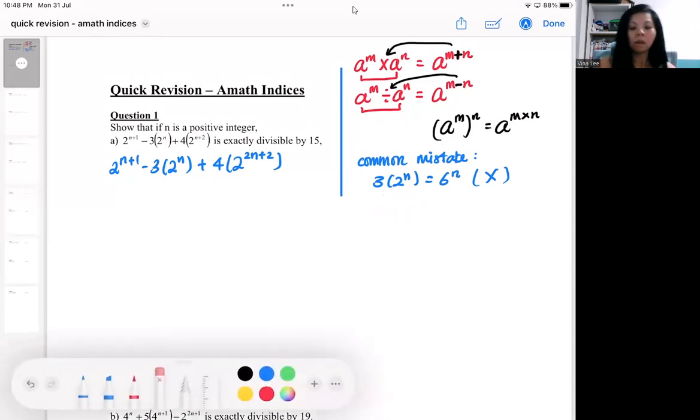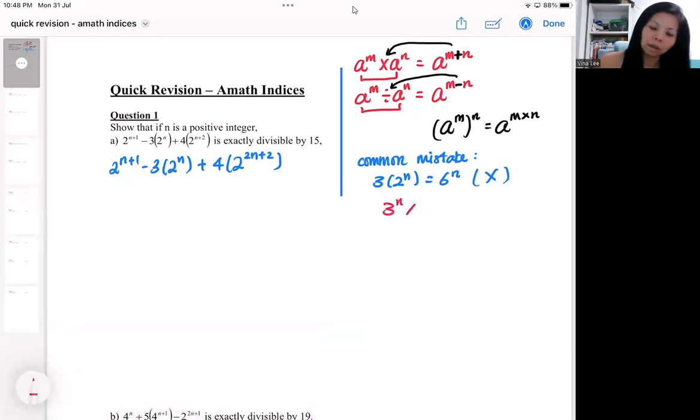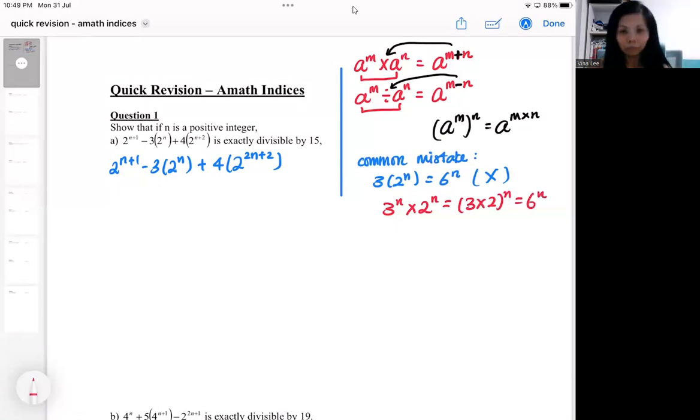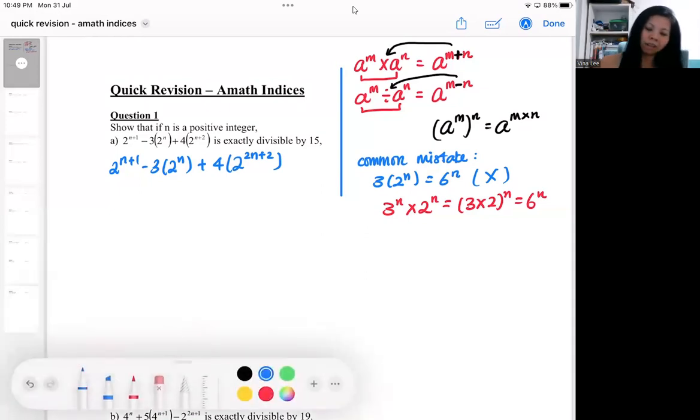So in what situation will you get 6^n? The correct thinking is if you have 3^n and 2^n, and because both have the same power, that is a situation where you will get this. That's one of the common mistakes that a lot of people make. That's just a sidetrack first, so I will come back to this question.